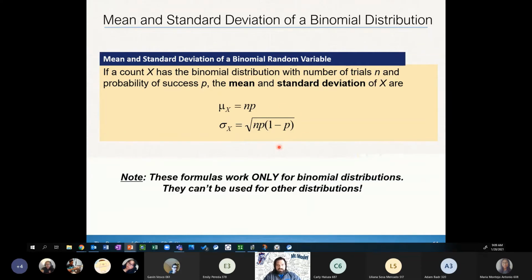You have to treat it as just a typical discrete or continuous random variable. So we'll take a moment to write these down for your notes. Okay. So next we'll see an example of finding the mean and standard deviation.